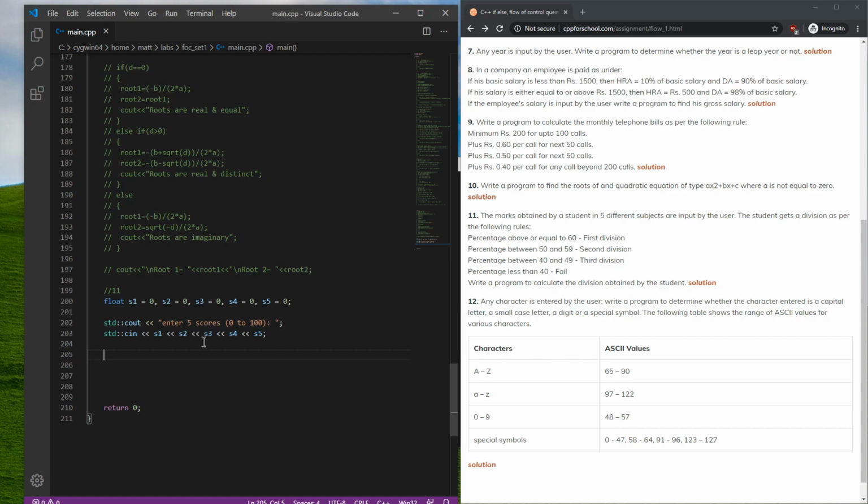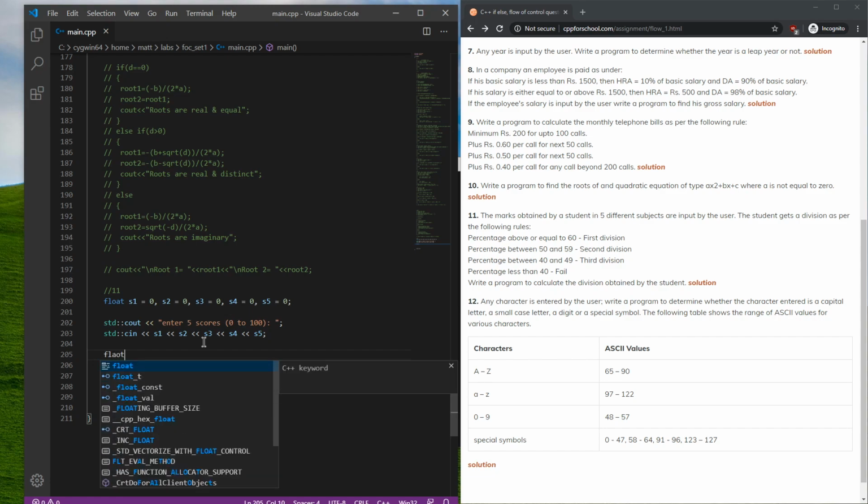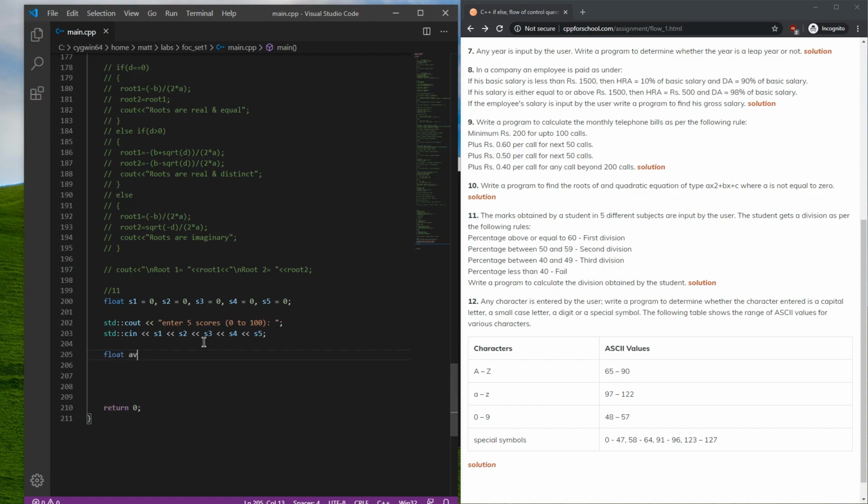So we're going to get these 5 scores, and the only thing we're going to do is make a new variable, we'll make it a float called average, because that's what this is. It's an average. I don't know what the frick they're calling it here. Division, first division, second division. I don't know.